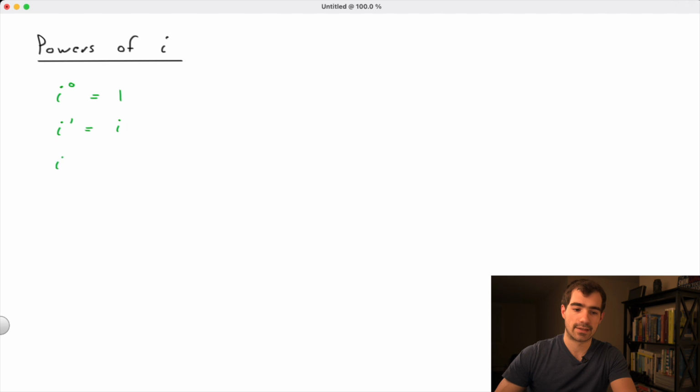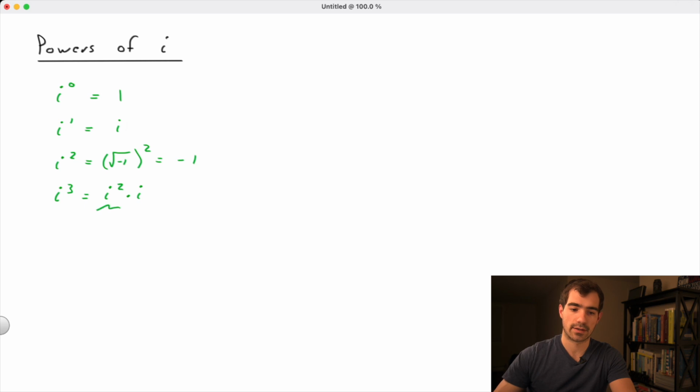We know that i to the second, since it's the square root of -1 squared, is just going to be -1, right? When you square a square root, it just becomes that number itself. And so i squared is equal to -1. But then we can also use that fact to determine i cubed. i cubed would just be i squared times i.